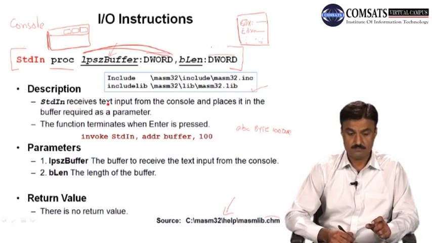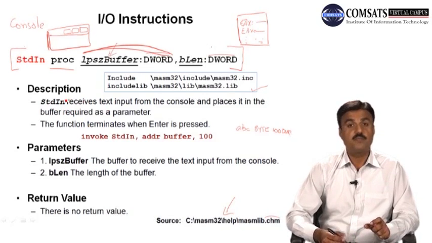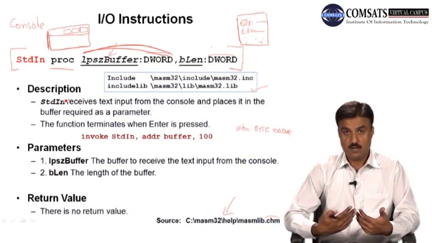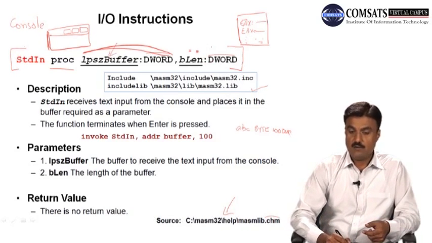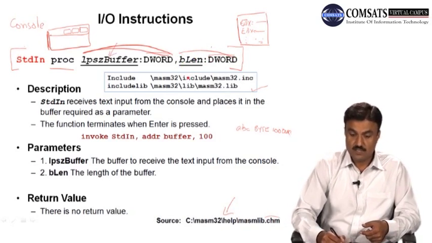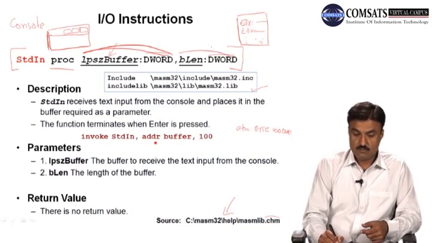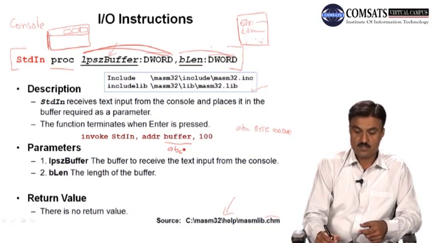We will receive input from the keyboard or the standard input device, and then how much input can we receive? We define the length here. Buffer is a variable, this is the name of the variable, which can be ABC and so on.